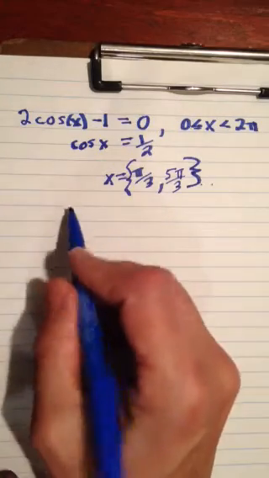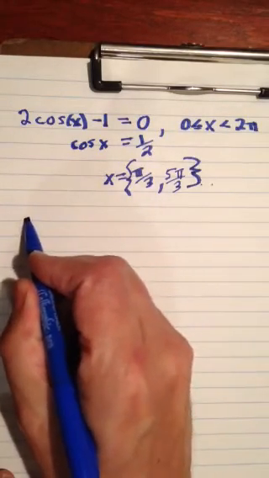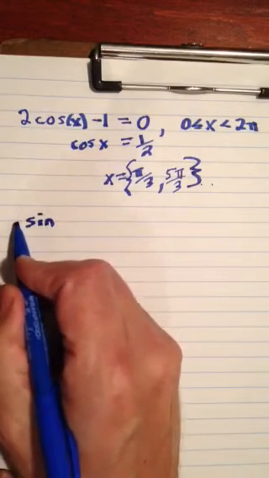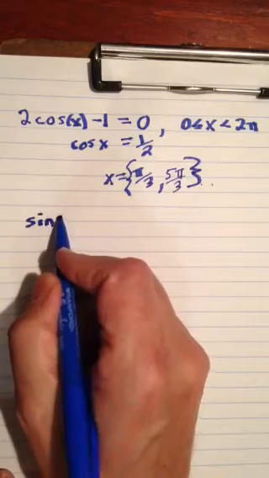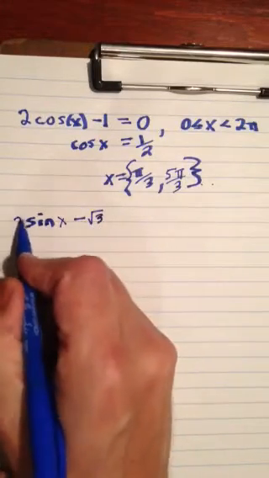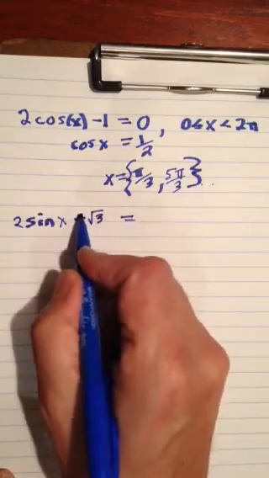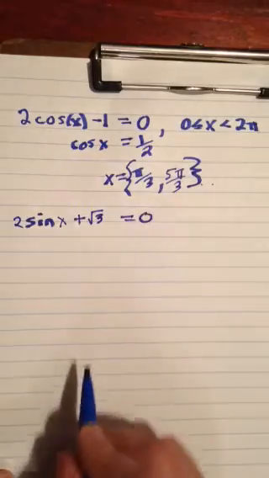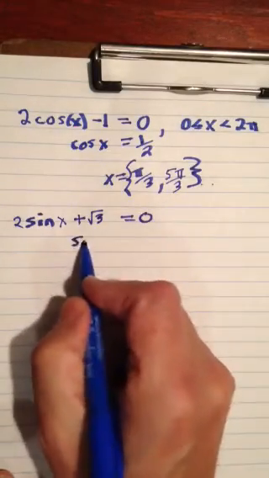All right, let's do a sine equation real quick. Let's say we have sine x minus square root of 3, and there's a 2 over here. Let's make that a plus, to make it a little more complicated, and let's say that's equal to 0. Again, we're going to do a couple of algebra steps.